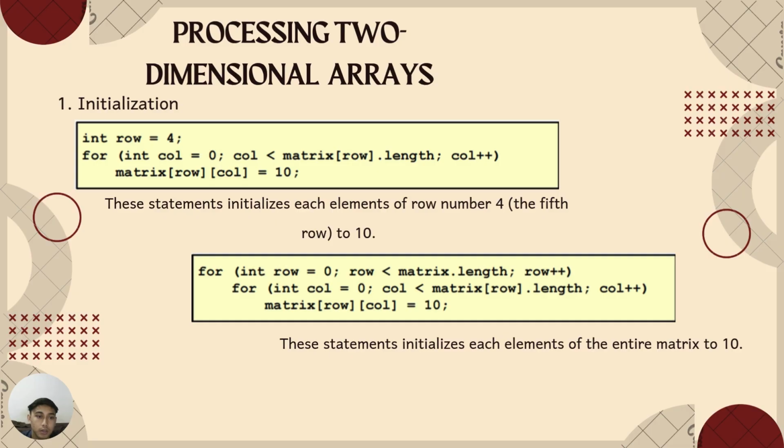First, initialization. We usually use nested loops to work with two-dimensional arrays. The outer loop goes through each row, and the inner loop goes through each column. For example, to set our value to 10, we loop through every element and assign the value.